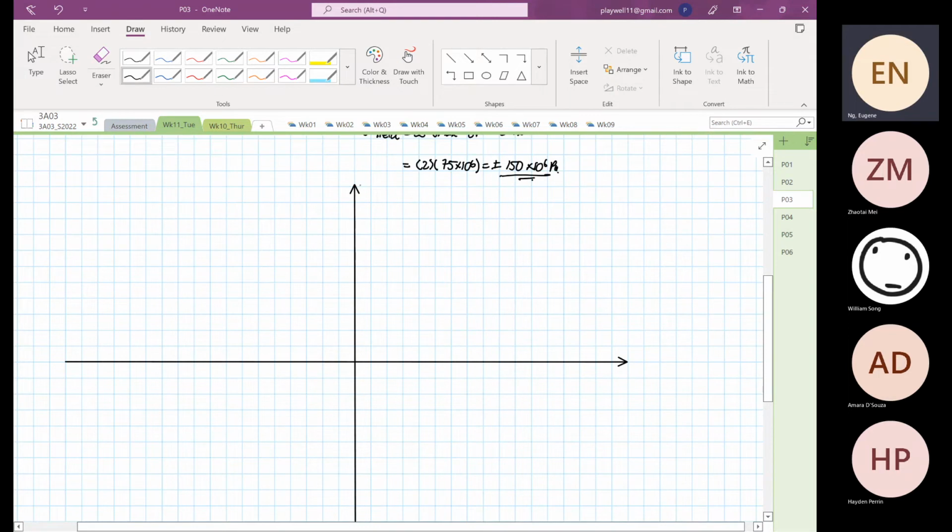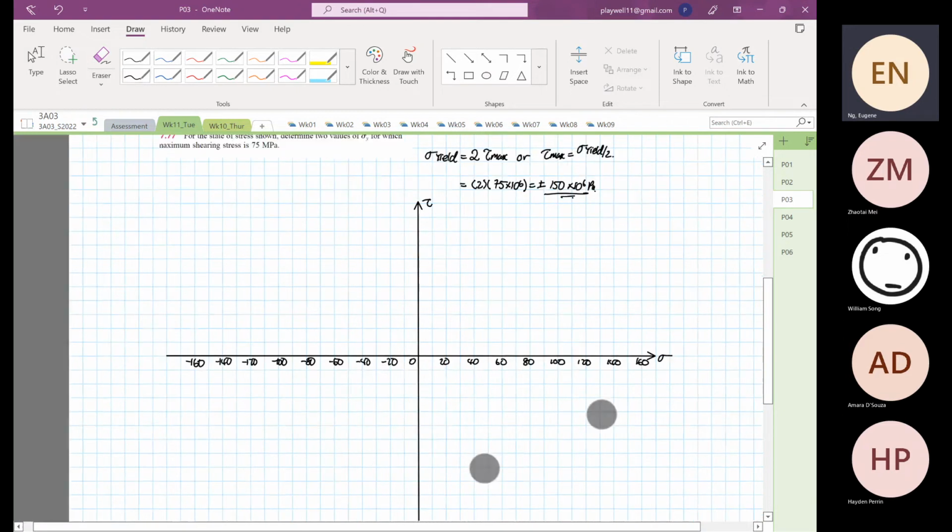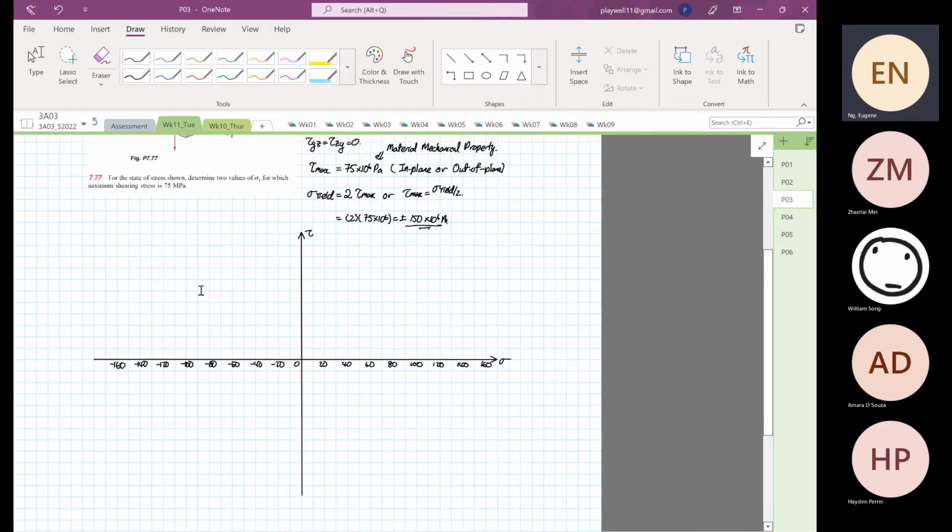So this is our shear stress, normal stress, 0, 20, 40, 60, 80, 100, 120, 140, 160. And then we have negative 20, 40, 60, 80, 100, 120, 140, 160. I'm going to do more on the negative side.